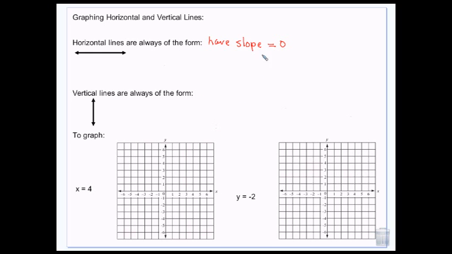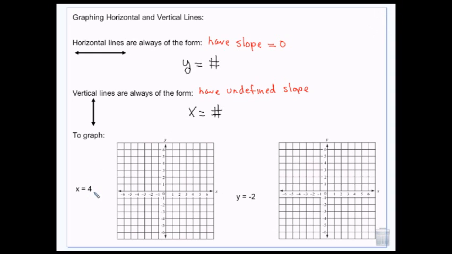And they're always of the form y equals some number. It can be any number, but it's always y equals number. There's no x. And vertical lines have an undefined slope, because they're going straight up and down. And they're always x equals some number. Again, it can be any number, but there are no y's.